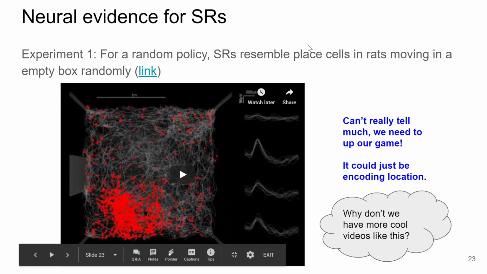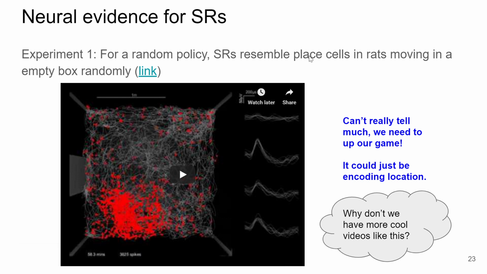But that would be the case even if the place cells were encoding just location. So we still can't say anything for certain. We need to up our game and come up with more advanced experiments to test this more clearly. I found this quite cool, and I would love to see more videos like this when neuroscientists do behavioral experiments.